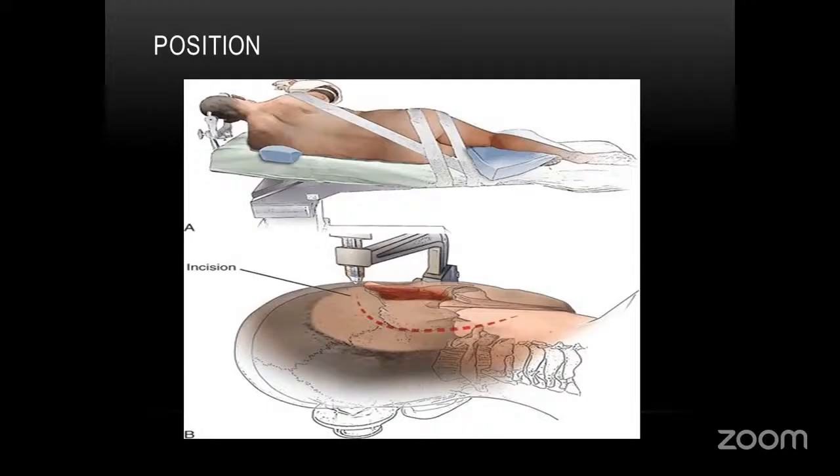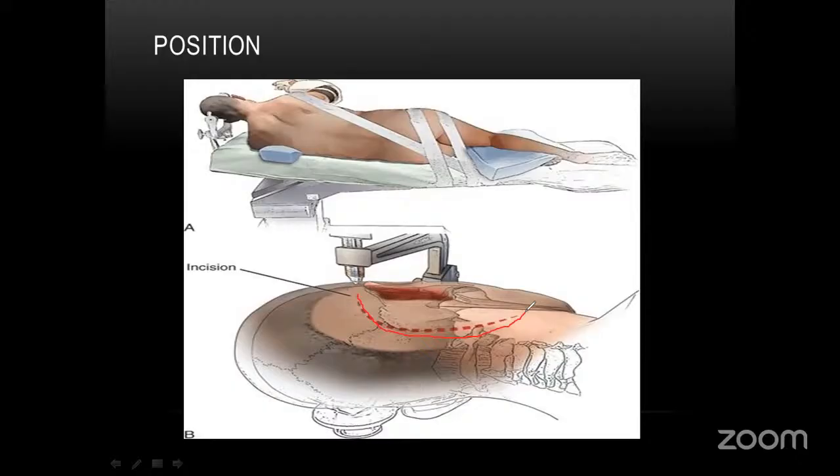In the lower figure, the skin incision has been marked here. There are many thoughts among surgeons. One incision is the C shape that starts from the above pre-sigmoid area and goes downward to the neck at the level of C1, C2.